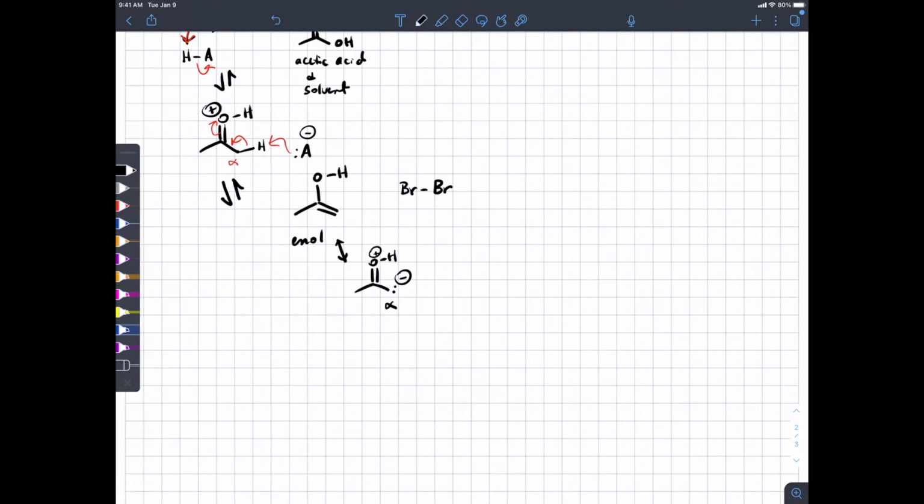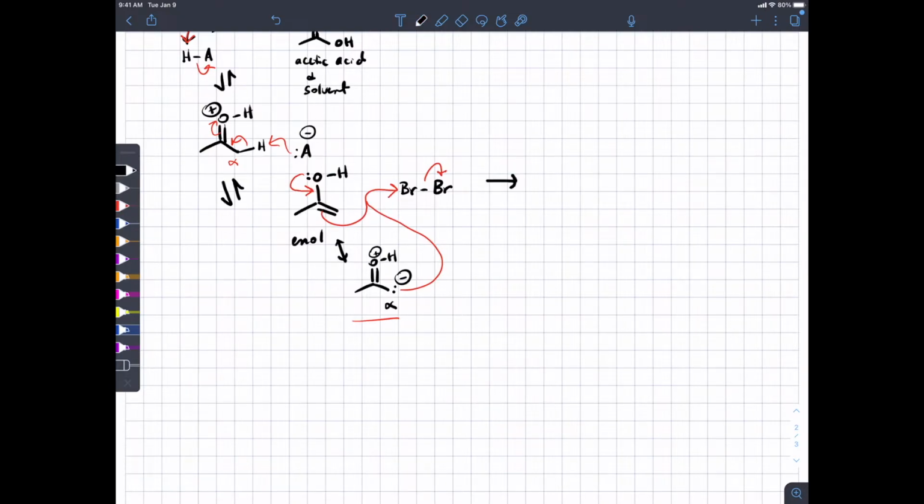And so we can draw this step of the mechanism in a couple of different ways. We can show electrons on the oxygen kicking down, breaking the carbon-carbon pi bond to attack bromine. And then you're attacking the bromine-bromine low-lying antibonding orbital, which breaks that bond. Alternatively, you could just start from this resonance structure and have the alpha carbon attack the Br.